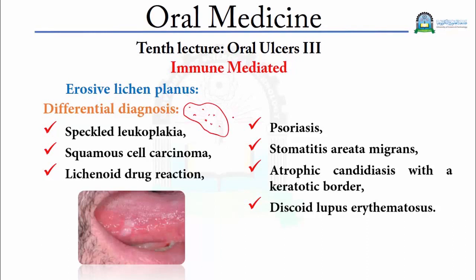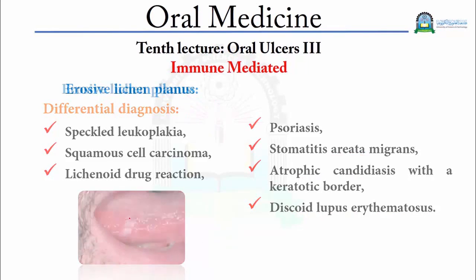Lichenoid drug reactions, which are caused by drug reaction. Psoriasis also can present clinically similarly to the erosive lichen planus, as well as stomatitis areata migrans, atrophic candidiasis and discoid lupus erythematosus. All these should be differentiated from erosive lichen planus.